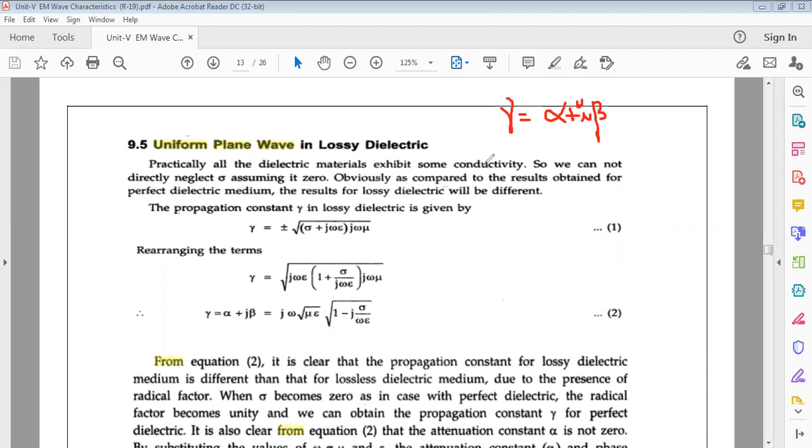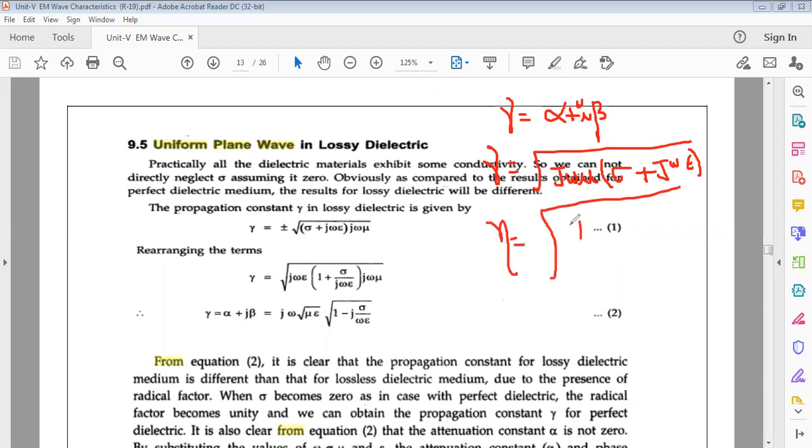The propagation constant gamma is equal to the square root of j omega mu multiplied with sigma plus j omega epsilon. The intrinsic impedance eta is equal to the square root of j omega mu by sigma plus j omega epsilon.